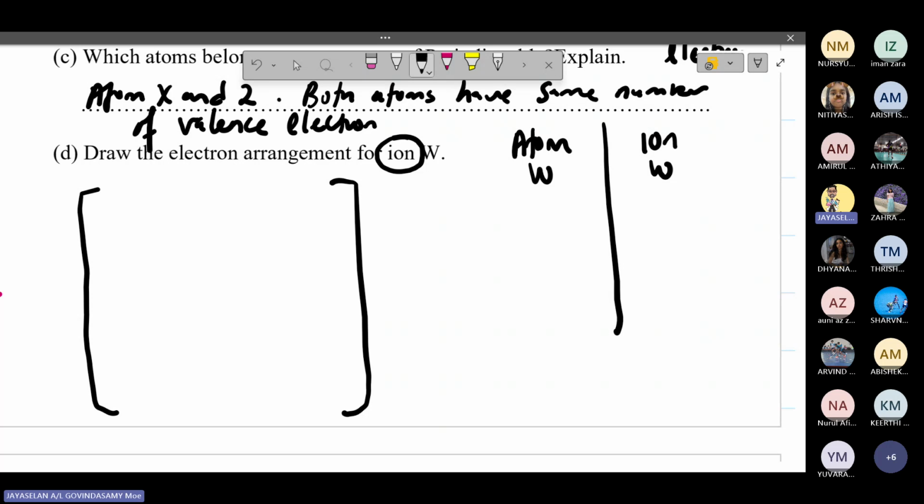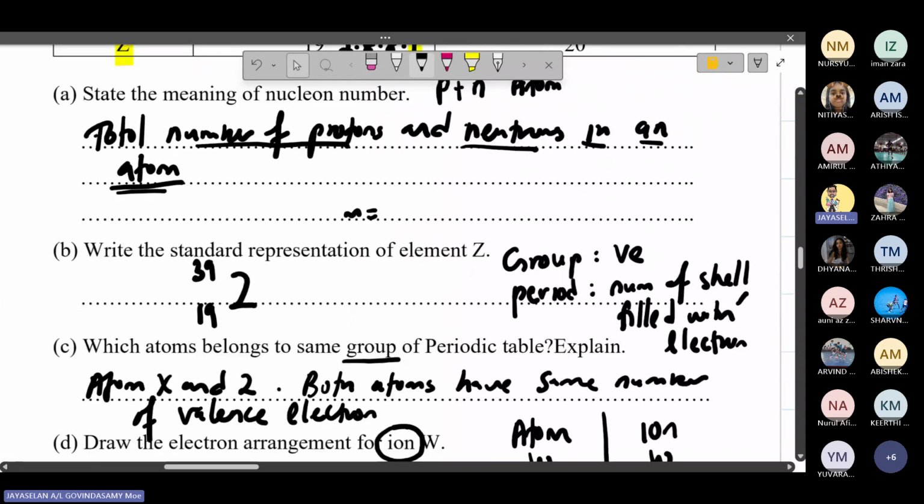Make sure you remember, when ion, you must open bracket, close bracket. The number, positive or negative, later. No need to label nucleus, but you must draw the nucleus. Okay, now I do atom first.